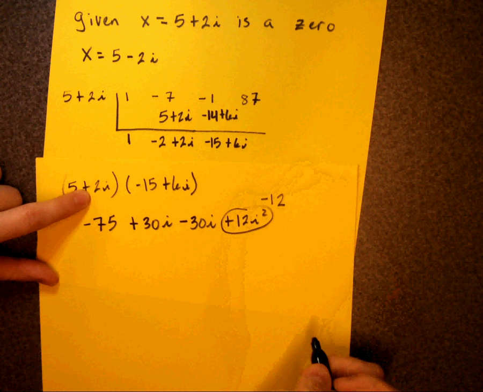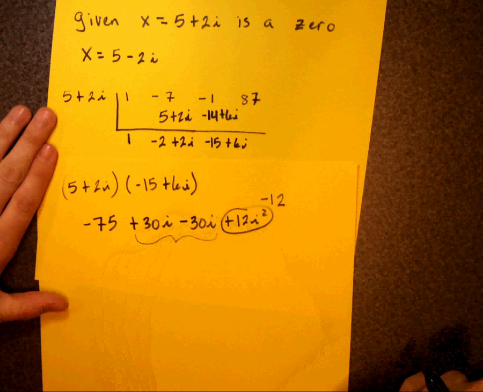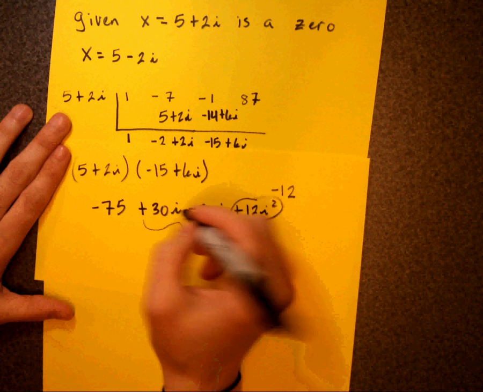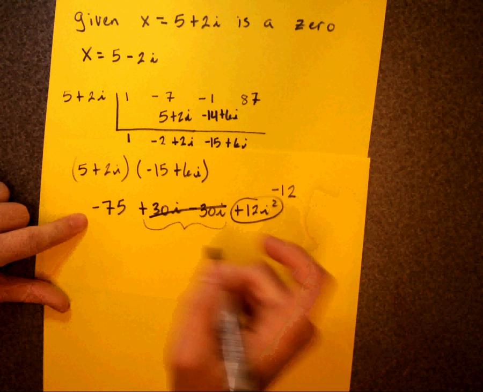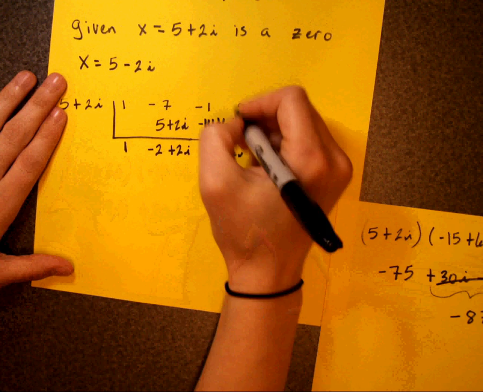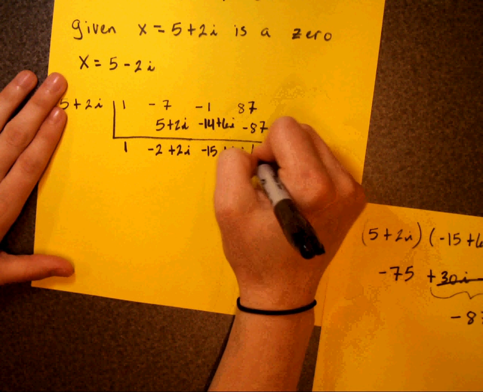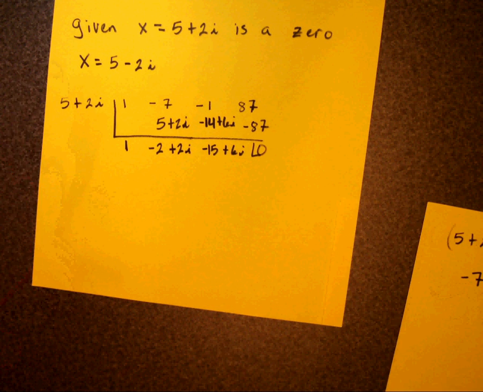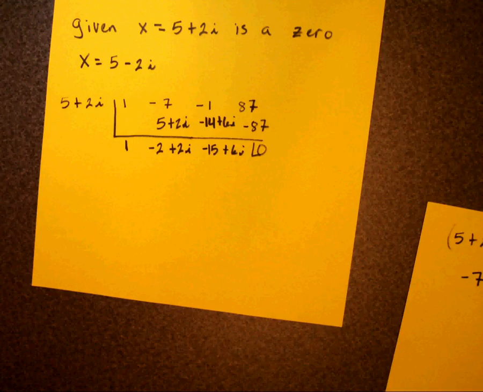Now combining like terms, my two middle terms cancel out. 30i minus 30i is 0. And negative 75 minus 12, ta-da, gives me negative 87. So negative 87, add, I do get 0, which I should because 5 plus 2i is a root. So I've reduced it down to this horrific looking-ish quadratic.